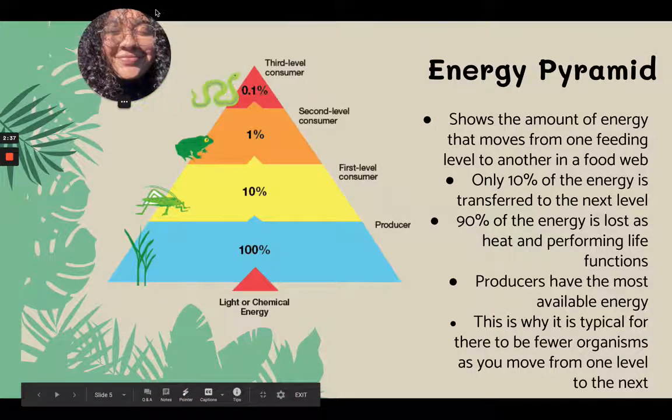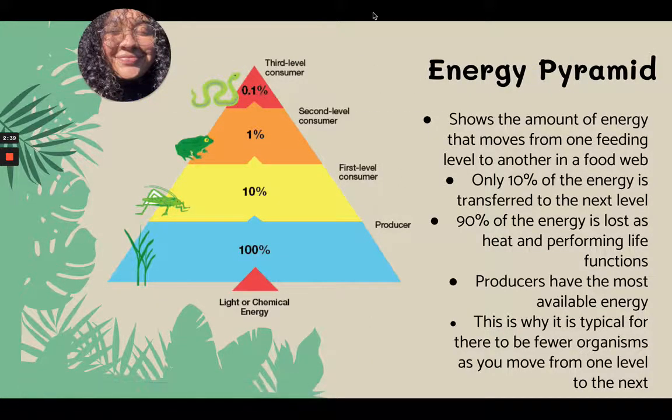Okay, and then there's an energy pyramid. This shows the amount of energy that moves from one level to another in a food web. So you see the producer, you see the first level consumer or the herbivore, the second level consumer, and the third level consumer. And if you notice by these numbers, only 10% of the energy is transferred to the next level.